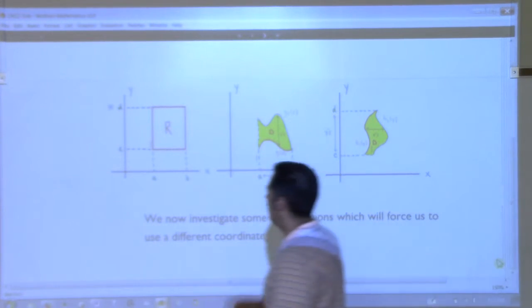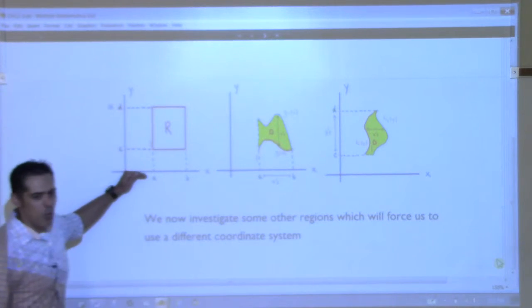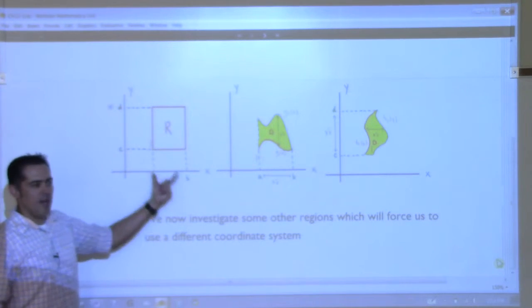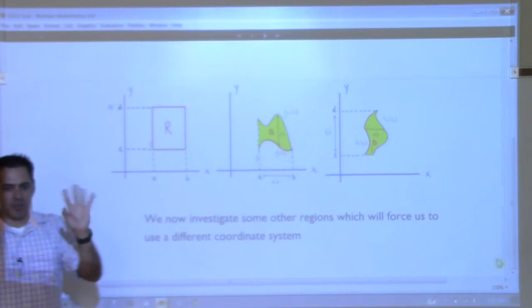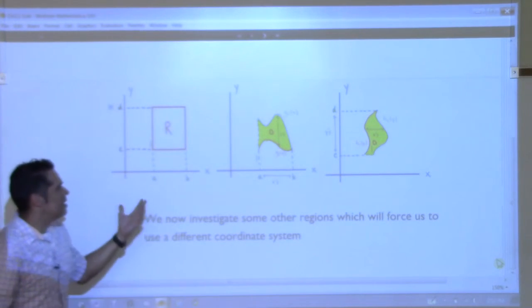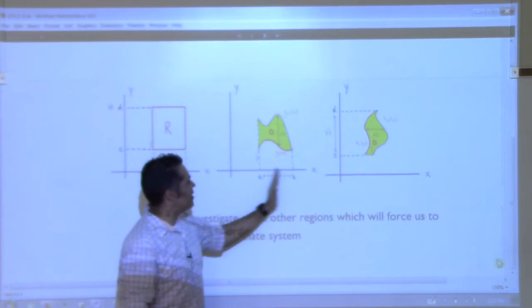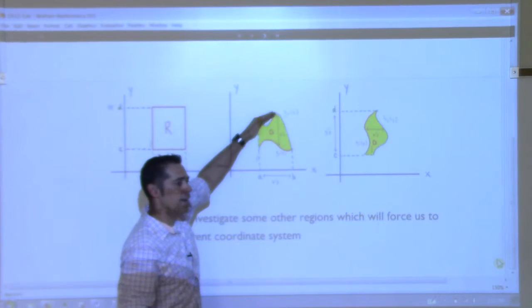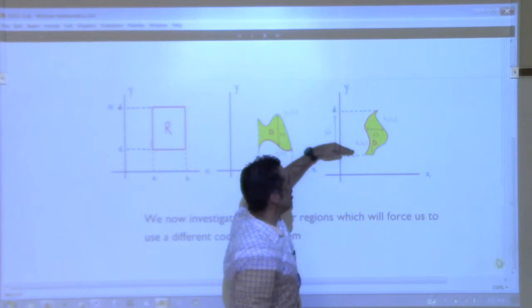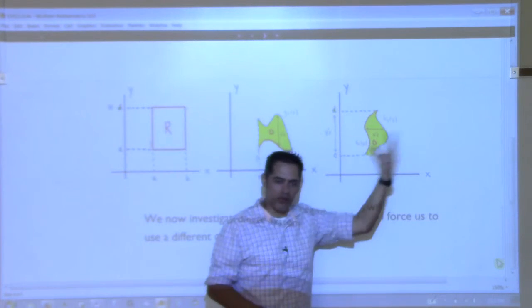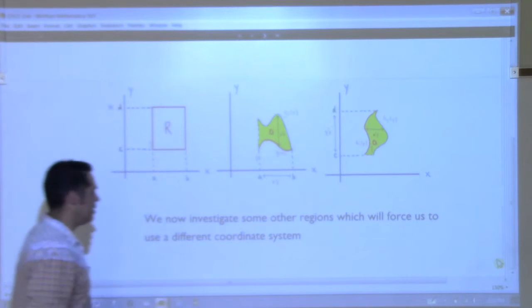We either have to have a rectangle, which was the easiest one. X is between constants, Y is between constants. Order of integration didn't matter. You could switch it. Everything was great. Then we said, okay, type 1, your x's are between constants, your y's are between 2 functions of x. Or type 2, your y's are between 2 constants and your x's are between 2 functions of y. Those are the 3 things we can handle at this point.